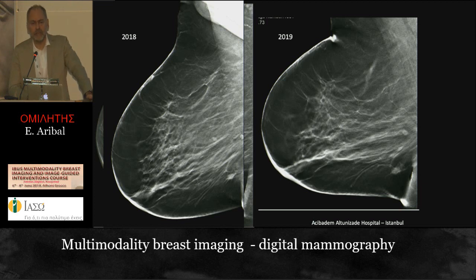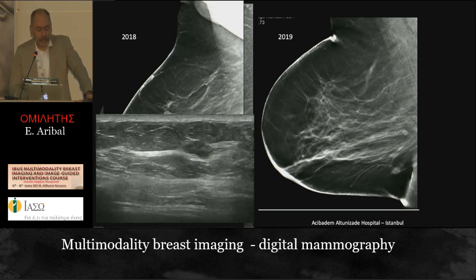It warrants the biopsy. However, the ultrasound finding was a parallel oval lesion, and so the radiologist who had seen the ultrasound called it benign. But what she couldn't see was the spiculated margins on the tomosynthesis images of this lesion on mammogram.